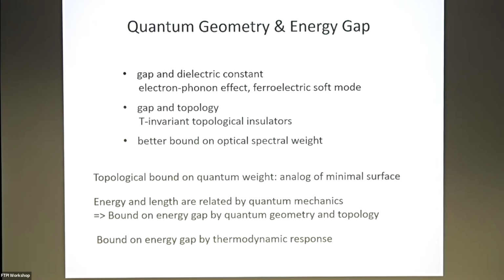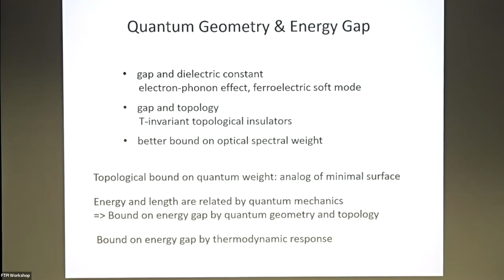The take home message is that you can think of these bounds in quantum geometry as analogous to the problem of minimal surface in geometry, where we ask, for a given boundary, what is the minimal possible area? And here we are asking, for a given quantized topological invariant, what is the minimum possible quantum weight?